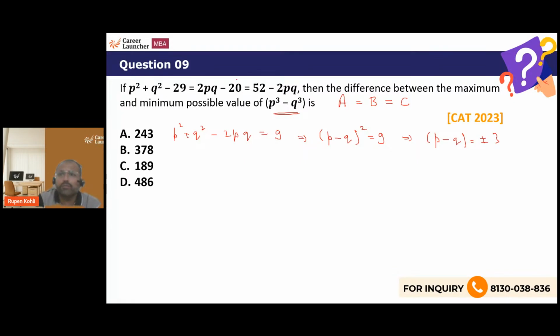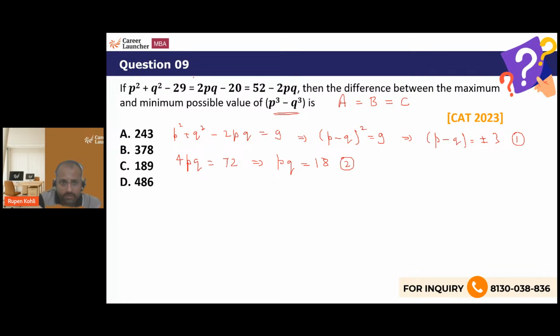Then doing B equals C, I'm getting something very simple. 2PQ plus 2PQ, which is 4PQ, equals 52 plus 20, 72. So I'm directly getting P into Q is 18. Wonderful. So this is my first result: P minus Q is plus minus 3. Second result, P into Q is 18.